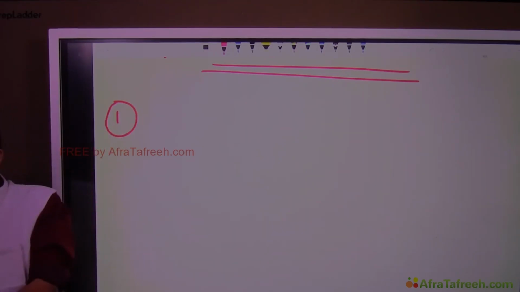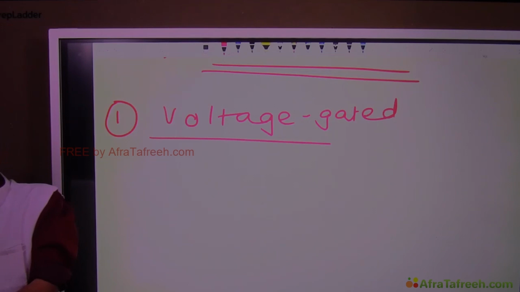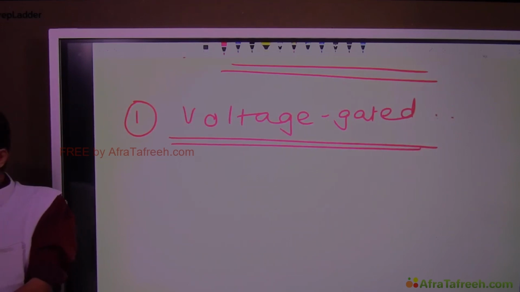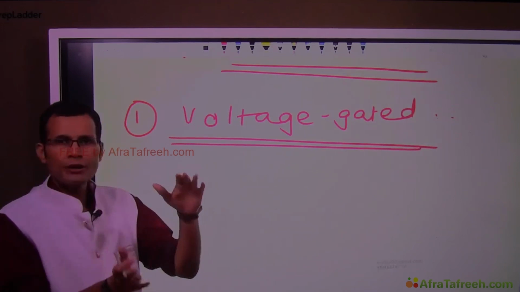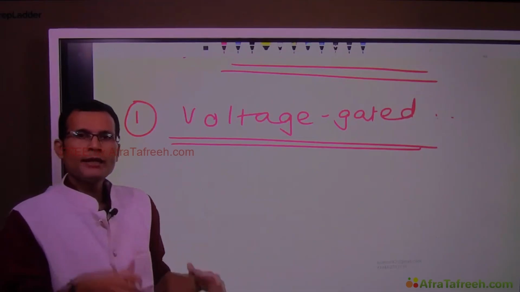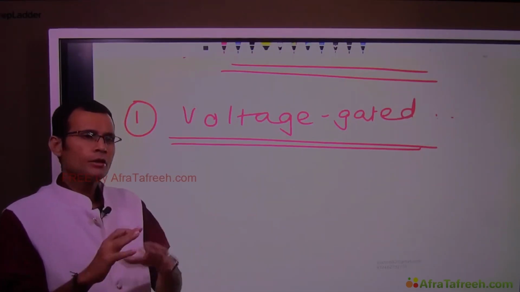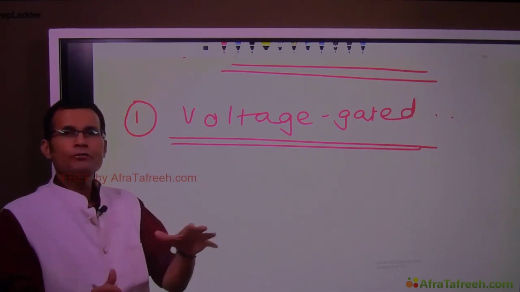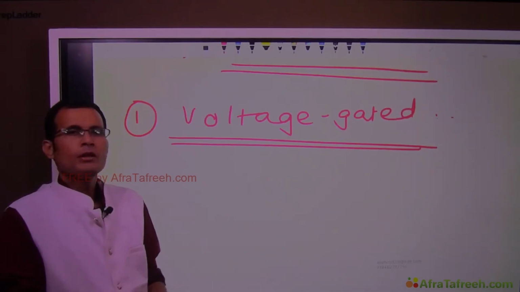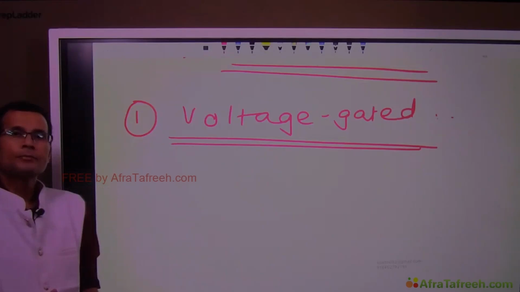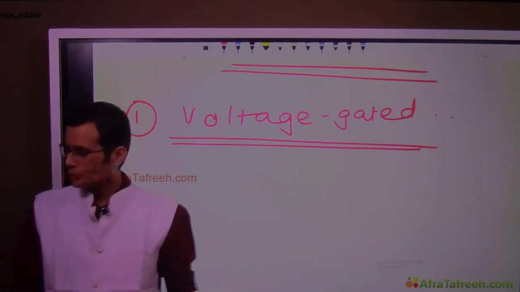First, voltage gated channels, meaning that these channels have got gates and those gates will open or close according to the voltage change of the membrane. So voltage is the deciding factor whether the gates will be opened or closed.